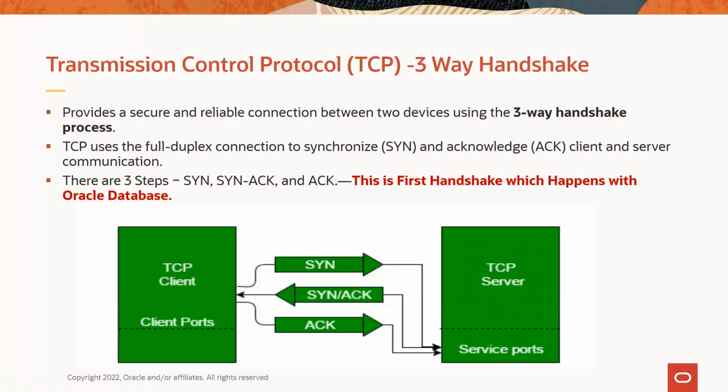Over here, I have a pictorial representation of a client connecting to the database server. Every client picks up a port number, called the ephemeral port number. It can be any port number, a random port number. It picks up the port number and sends a SYN packet to the database server. So who is hosting this service for me to connect to the database?